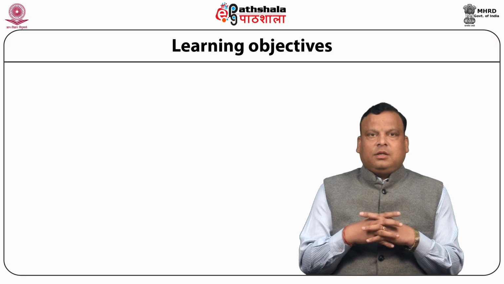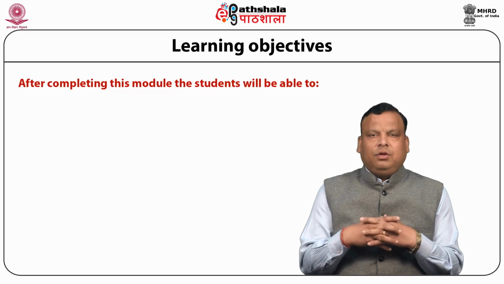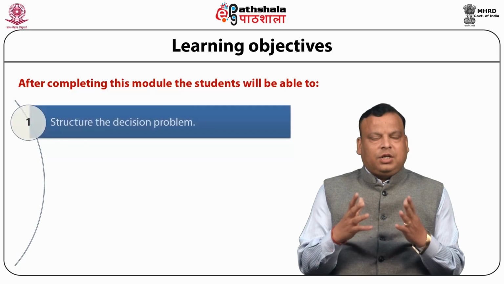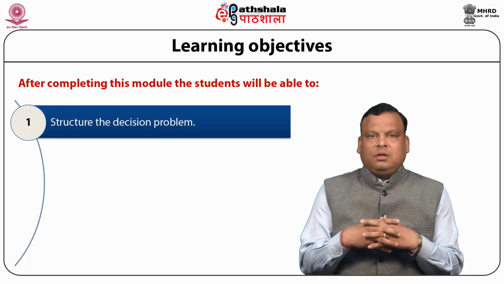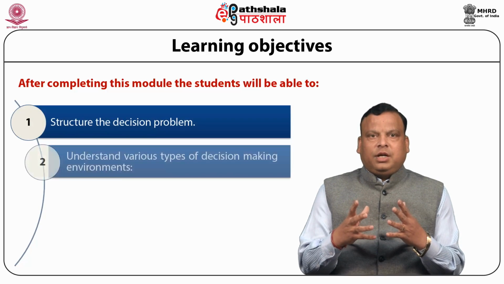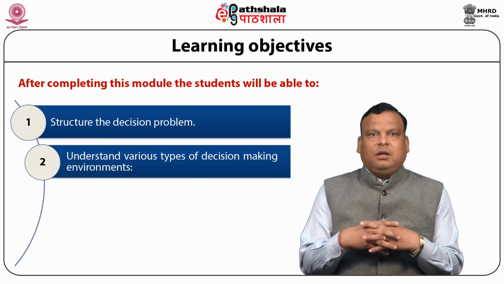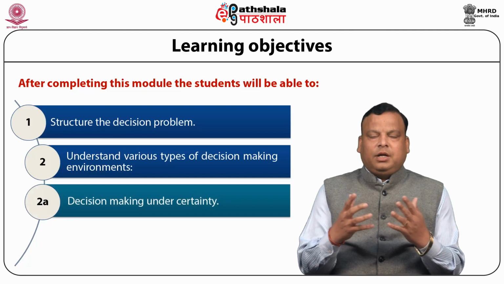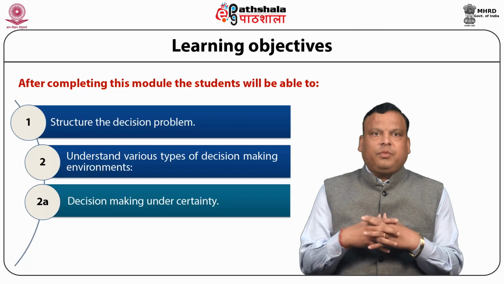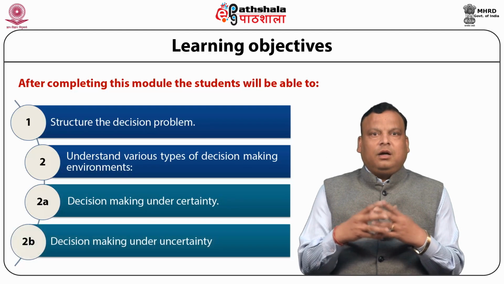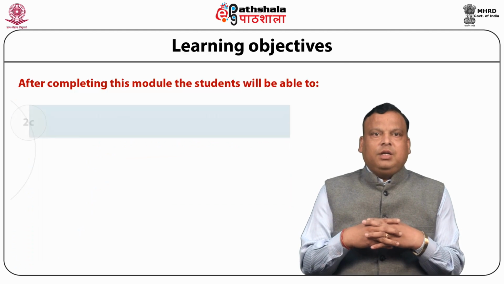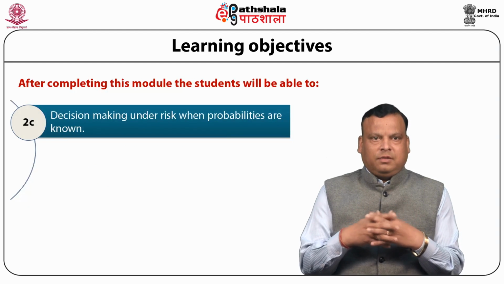Dear students, this is a very important module, and after studying this module, you would be able to structure the decision problems, and this module will enable you to understand the various types of decision making environments, like when decisions are taken under certainty, decisions are taken under uncertainty, and when decisions are taken under risk.